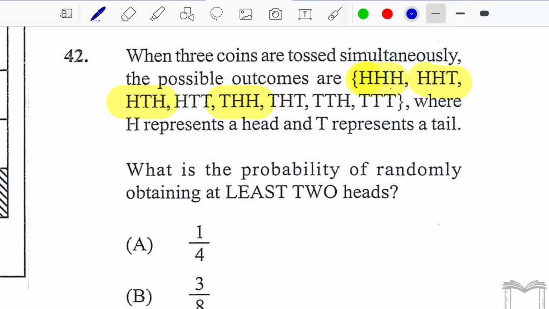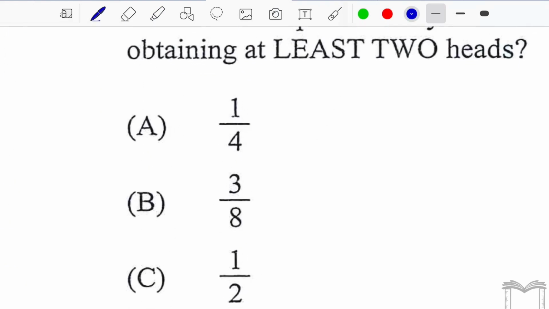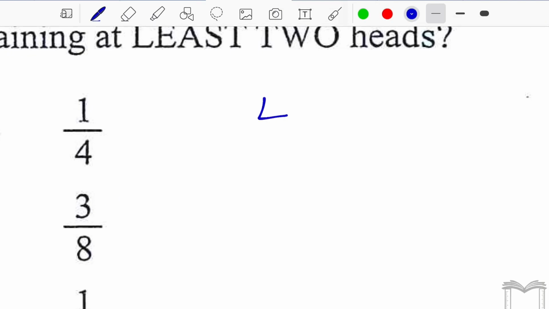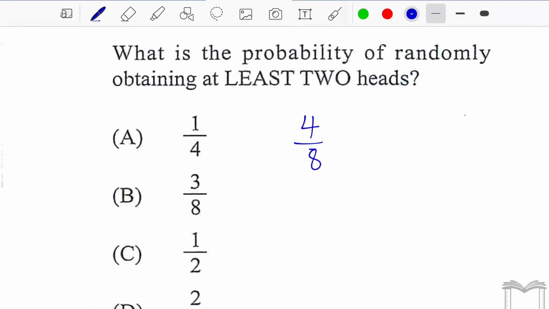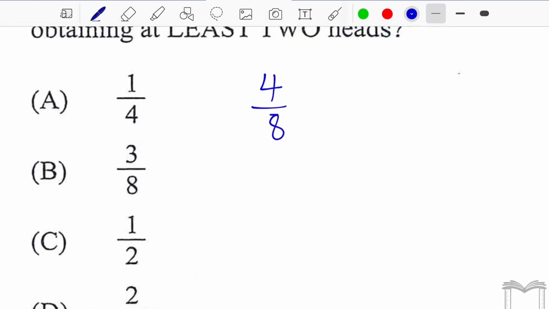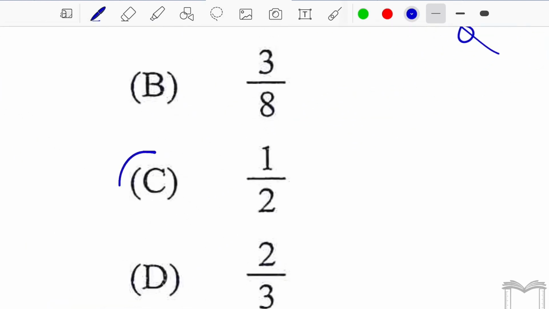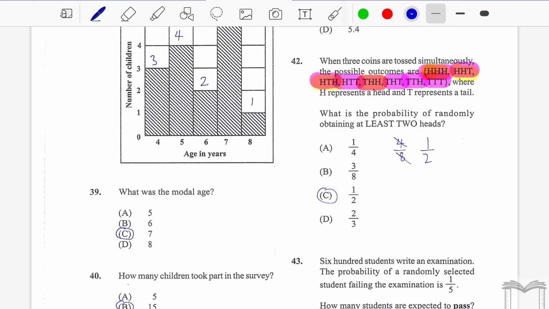So 4 out of a total of 1, 2, 3, 4, 5, 6, 7, 8. So 4 out of 8. We are not seeing 4 out of 8, but if we reduce this fraction, 4 into 4 is 1 and 4 into 8 is 2. So C is the answer.